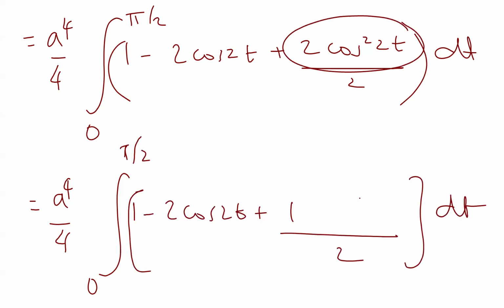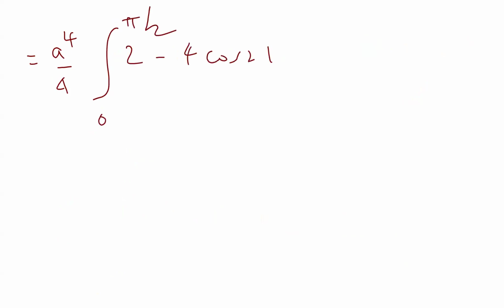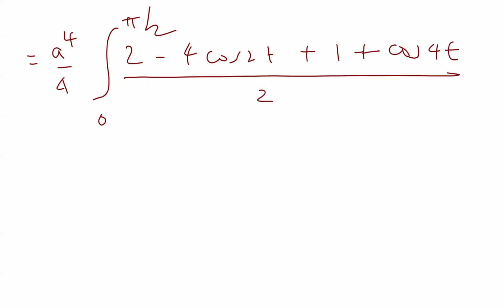1 plus cos 4t, because 1 plus cos 2x is 2 cos square x. So 1 plus cos 4x is 2 cos square 2x. Okay, I'll take LCM within the box bracket. A raised to 4 by 4, 0 to pi by 2, 2 minus 4 cos 2t plus 1 plus cos 4t upon 2.